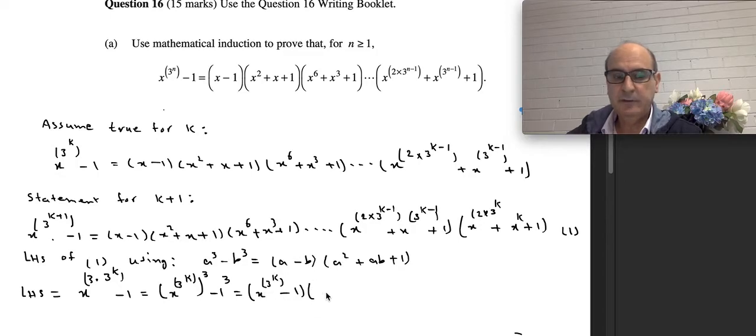That's A, that's B. Then A squared becomes x to the power of 2 times 3 to the k. Plus A times B, so that becomes x to the power of 3 to the k plus 1.